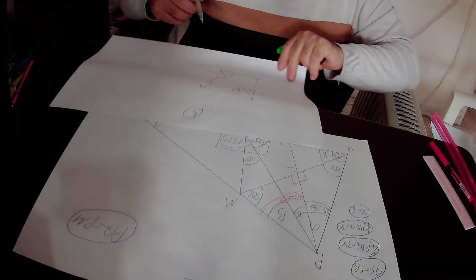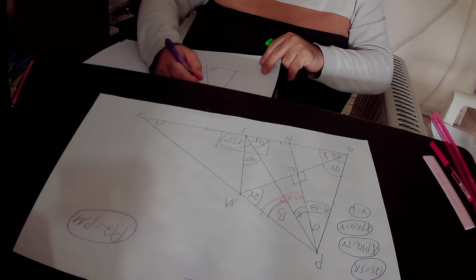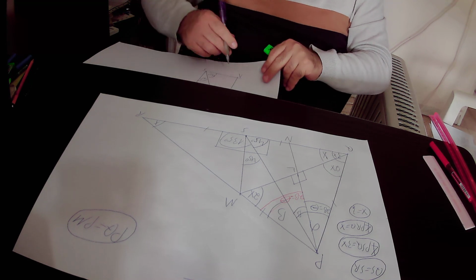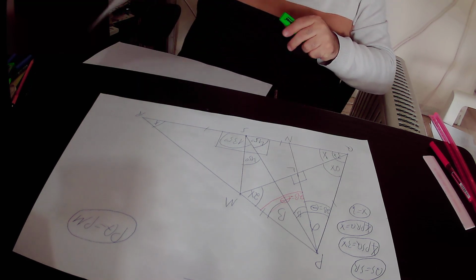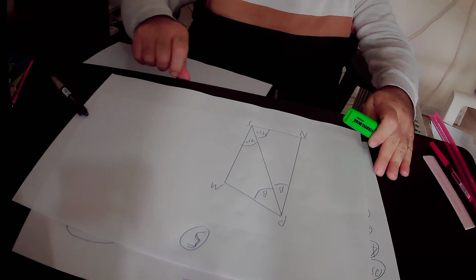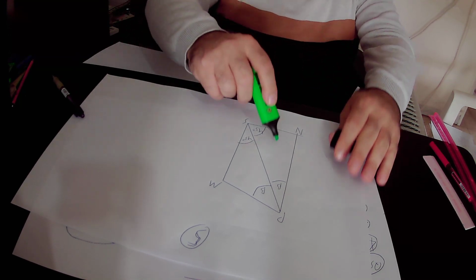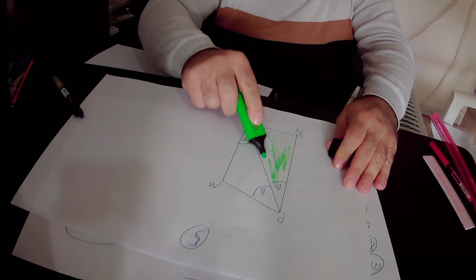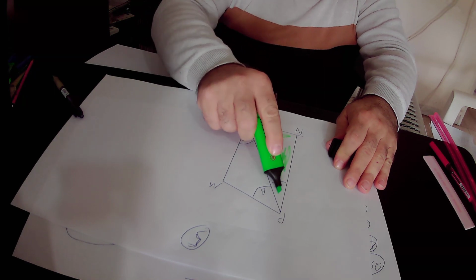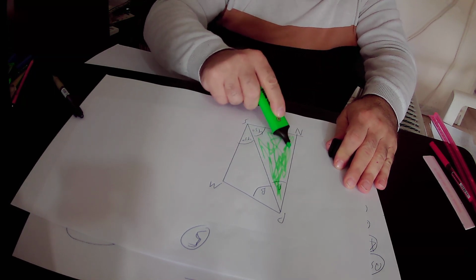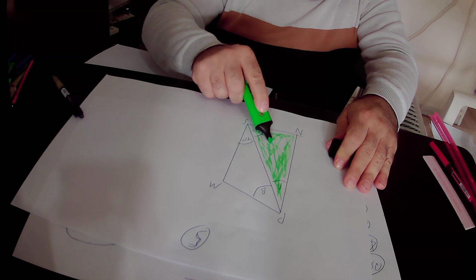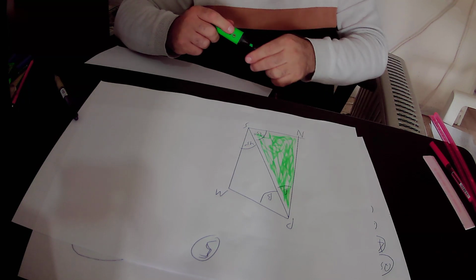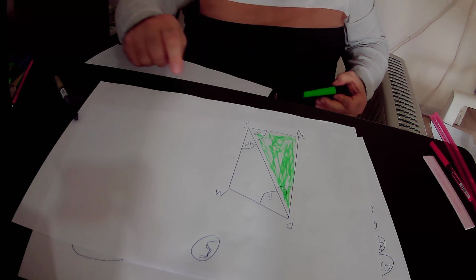Here it is actually PM. Yes, this is N. So we will prove that triangle PNS, the green triangle, is congruent to the white triangle, triangle PSM.